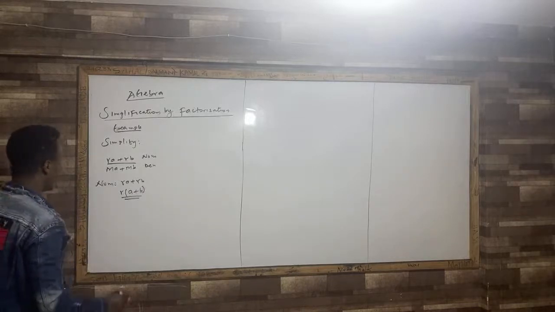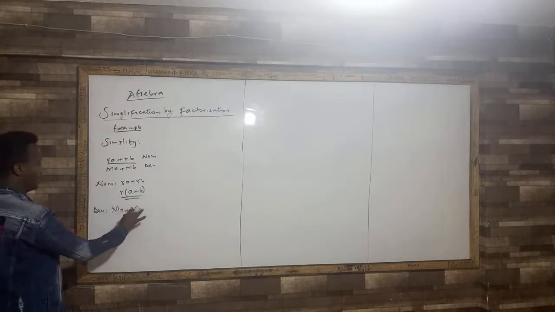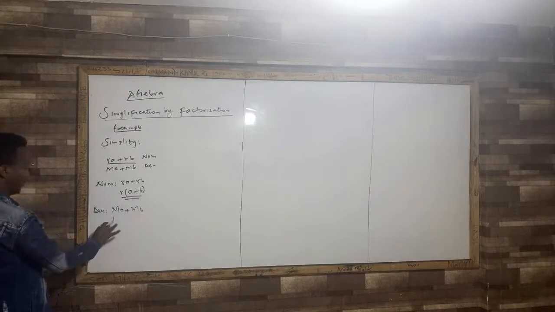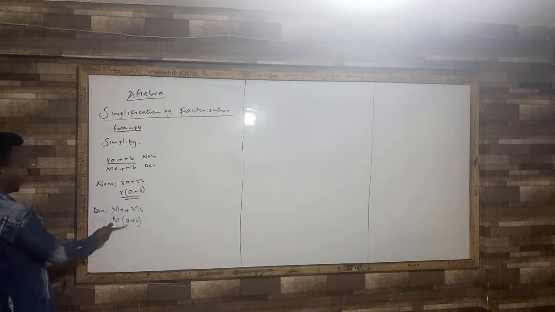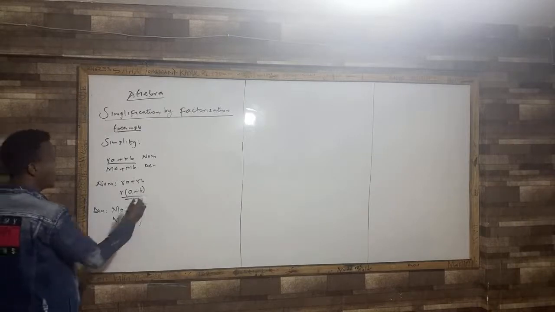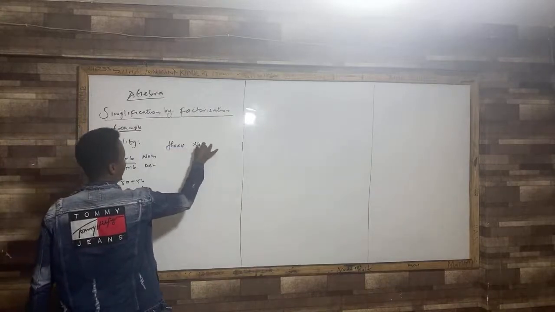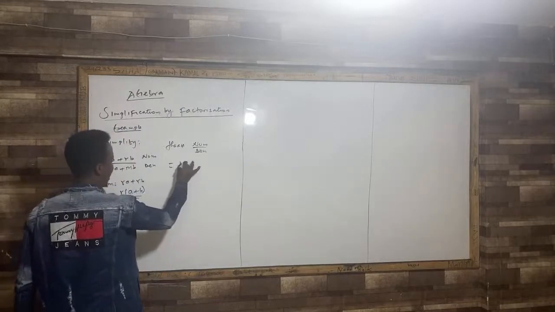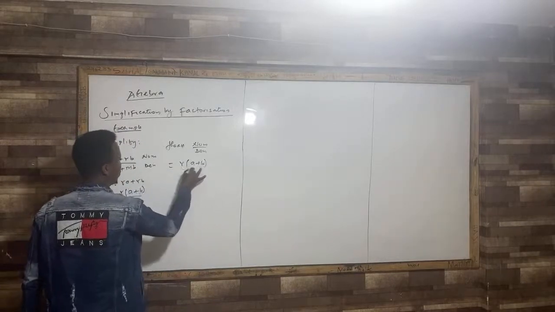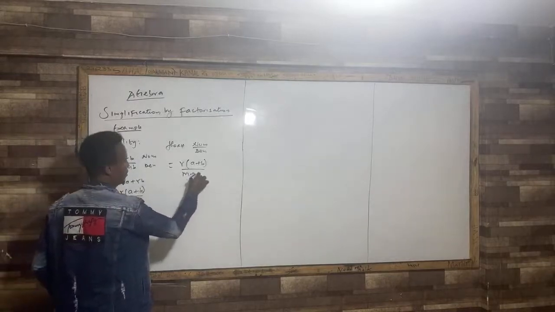Come to the denominator, we have MA plus MB. What's common? M outside, A plus B. Therefore, the numerator result divided by the denominator result, which in this situation is R open the bracket A plus B, divided by M open the bracket A plus B.